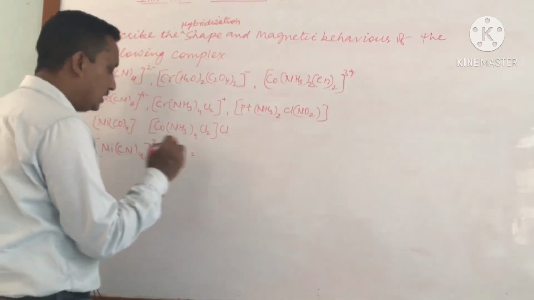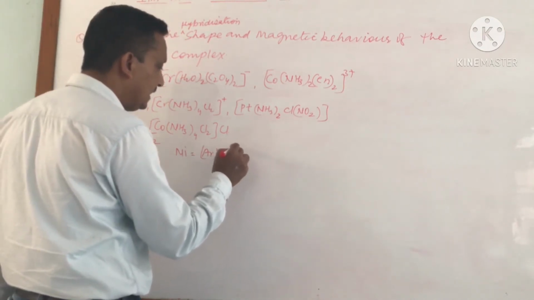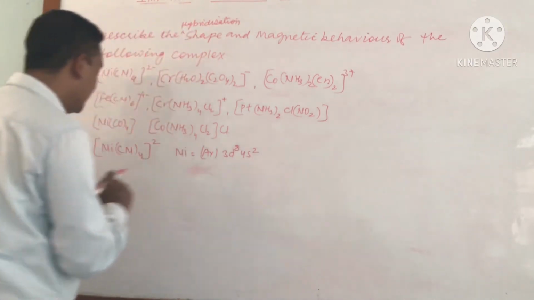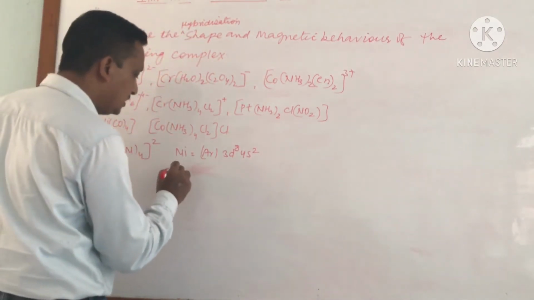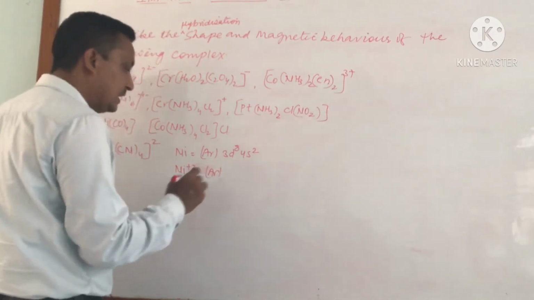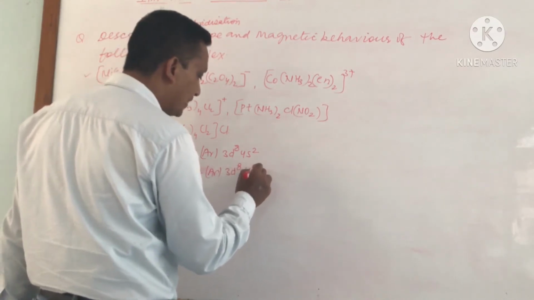The electronic configuration of nickel is argon 3d8 4s2, and in this complex nickel is in the +2 oxidation state, so the configuration would be 3d8 4s0.